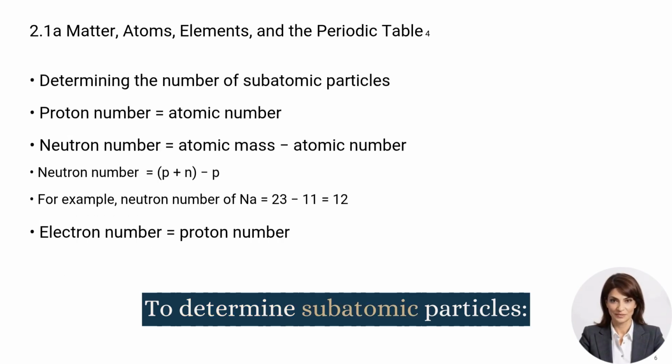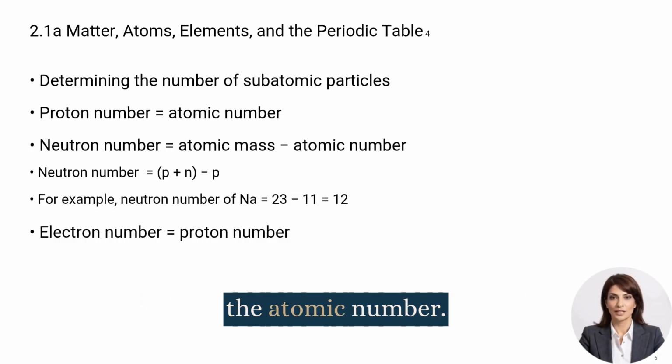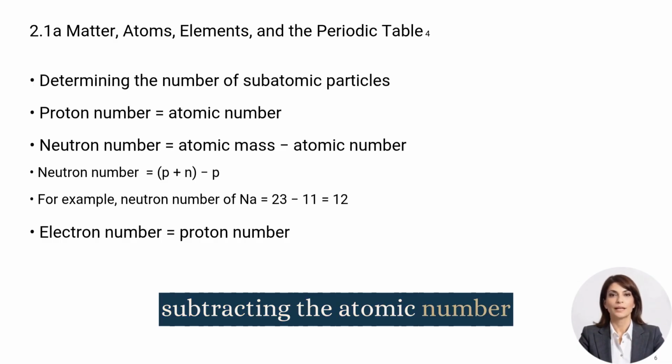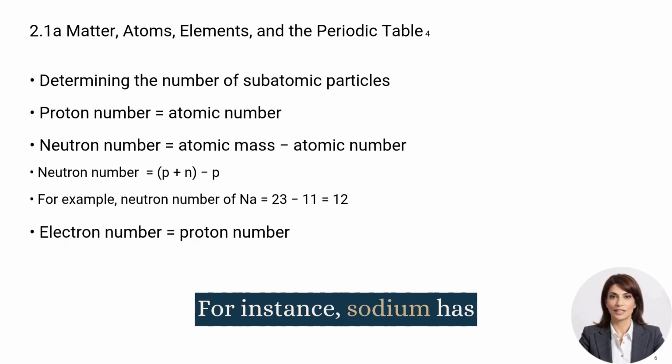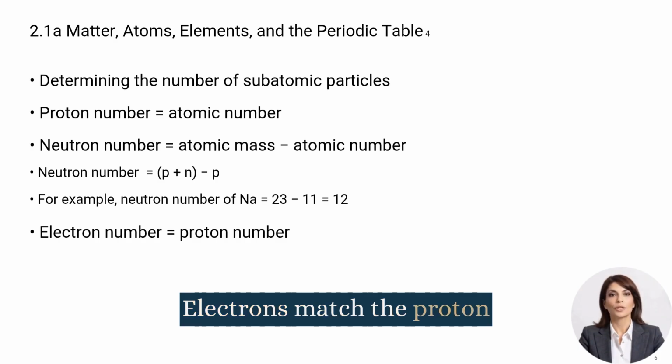To determine subatomic particles, the proton number equals the atomic number. Neutrons are calculated by subtracting the atomic number from the atomic mass. For instance, sodium has 12 neutrons. Electrons match the proton count.